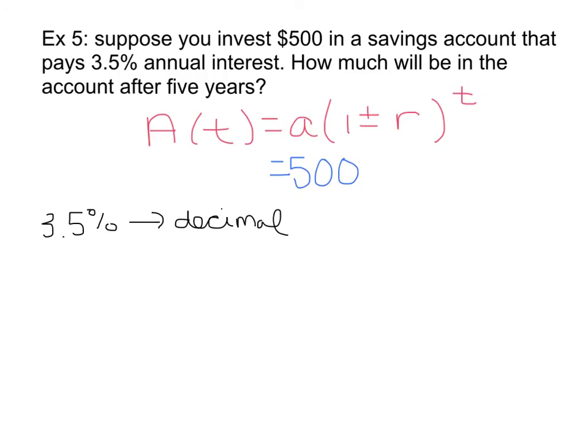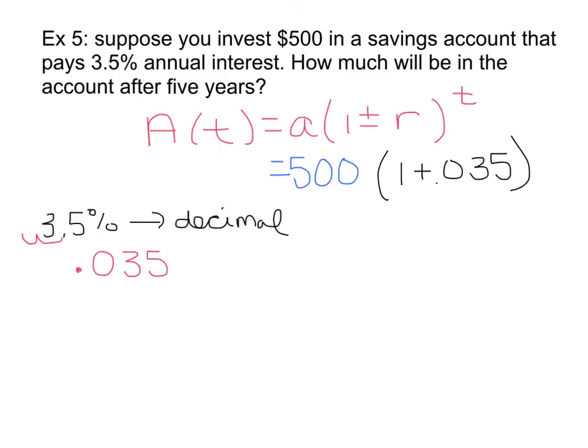To change it to a decimal, we have to move the decimal place to the left. So it's going to be 0.035. Now, do savings accounts pay you money or do they take money away from you? I hope that you guys know that it gives you money, so therefore it's going to be 1 plus 0.035.